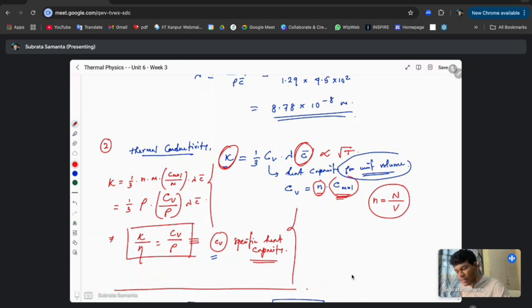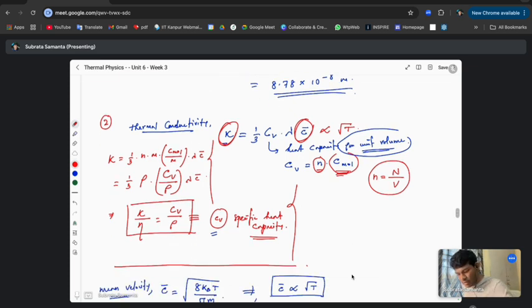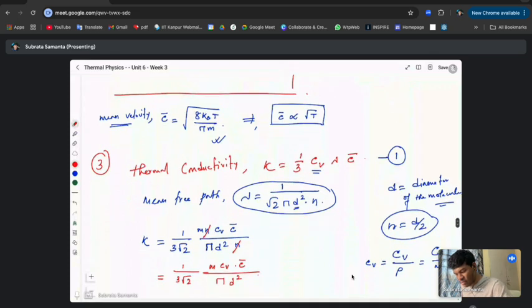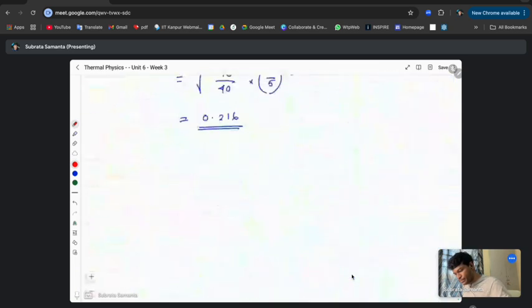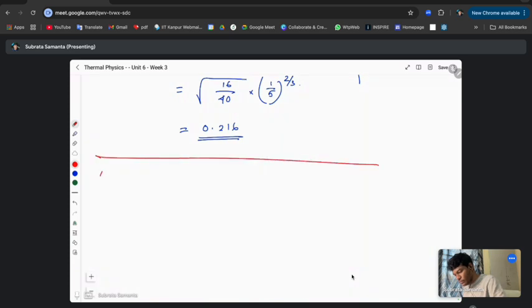But how does lambda depend on the number density? The mean free path lambda also depends on the number density. Here is the expression of lambda, and you see that there is a small n. So when you multiply, capital CV times lambda is basically small n times C mole, and lambda is 1 over root 2 pi d square times small n.